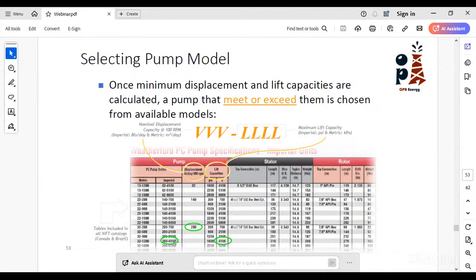This imperial designation for this pump, 200-4100 feet, means that this pump can produce 200 barrels per day per 100 RPM. If it is running at 100 RPM with zero net lift, or zero differential pressure, it can give you 200 barrels per day.